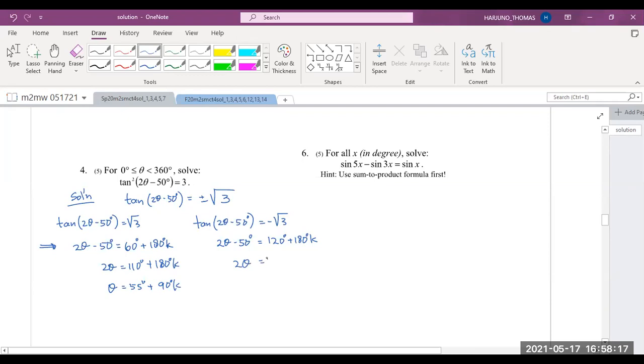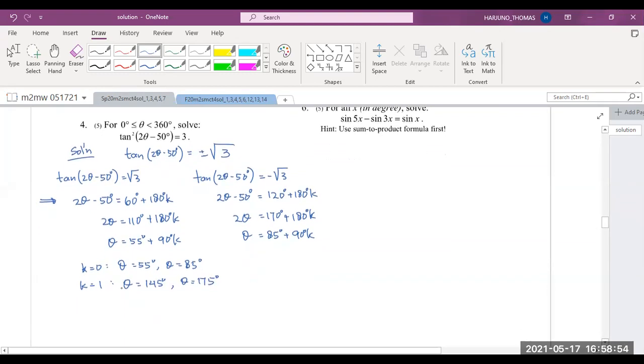2 theta equals 170 degrees plus 180 degrees k. So theta equals 85 degrees plus 90 degrees k. Now the solutions: when k equals 0, theta equals 55 degrees, theta equals 85 degrees. When k equals 1, theta equals 145 degrees, theta equals 175 degrees. How far do we need to go, Thomas?